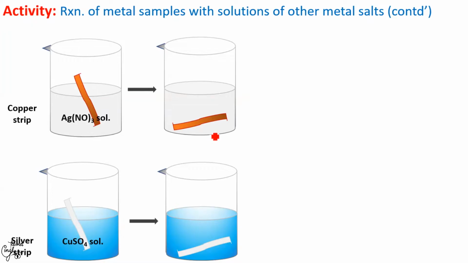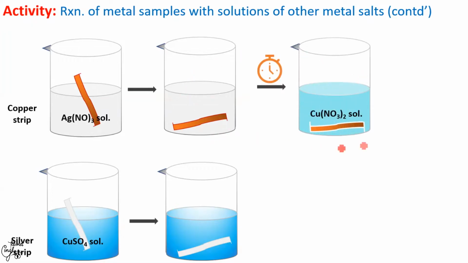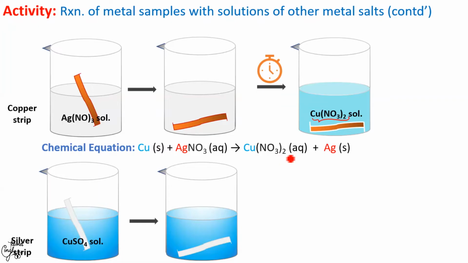We will observe that after some time in setup 1, the colorless solution of silver nitrate has slowly changed to light blue color due to the formation of copper nitrate and a shining coating of silver metal gets deposited on the copper strip. The corresponding equation for the reaction can be written as copper reacts with silver nitrate to give rise to copper nitrate, which is light blue in color, plus silver metal gets deposited.